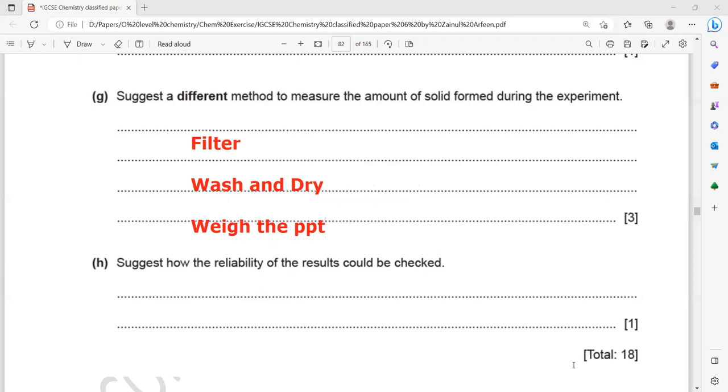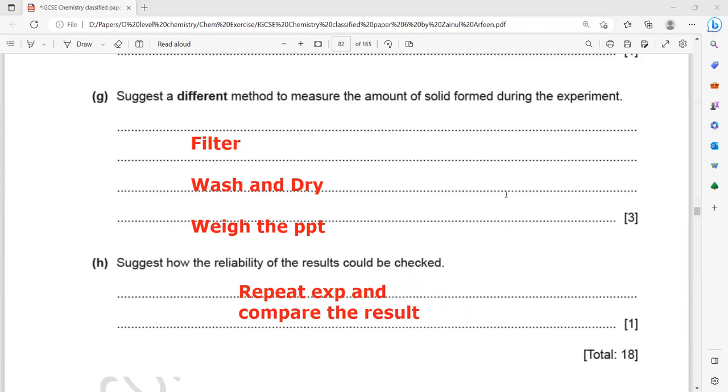Suggest how the reliability of a result could be checked. Whenever you want to check the reliability of a result, you should always repeat the experiment and compare the results to spot anomalous results.